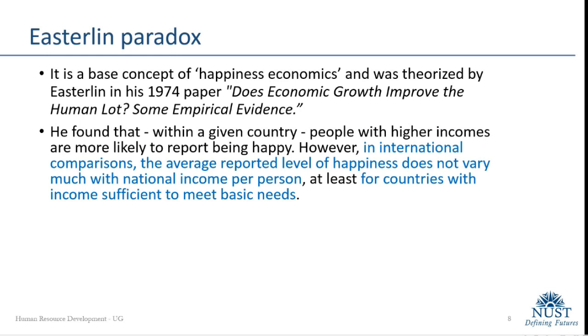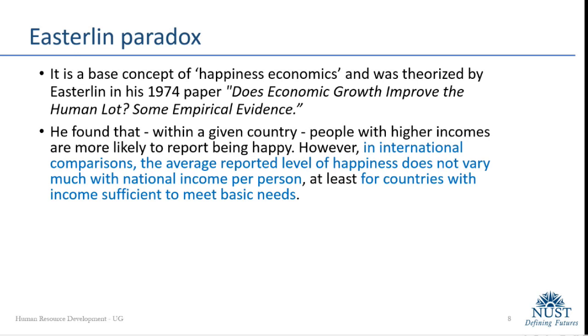But when you compare different countries, on average, is a country with a high level of income also happy? What Easterlin found was that poor countries have a low level of happiness. For countries with a high level of income, happiness also increases.